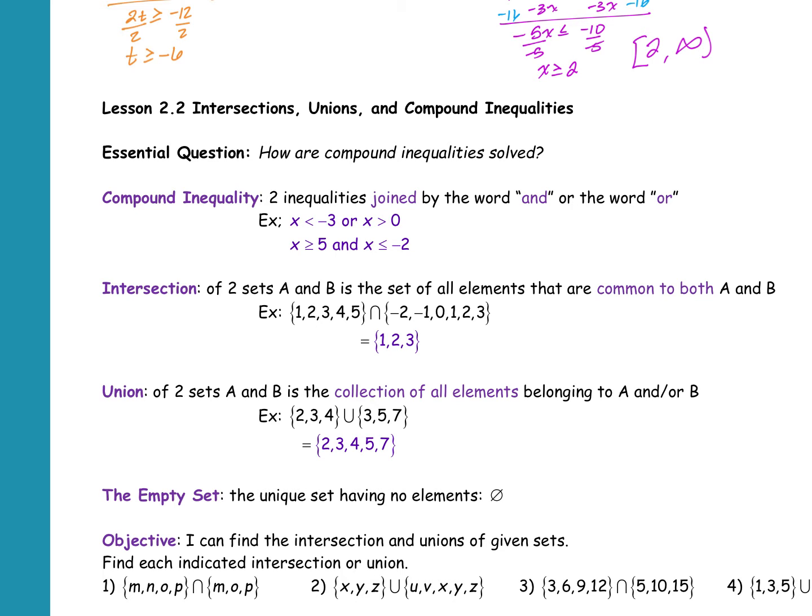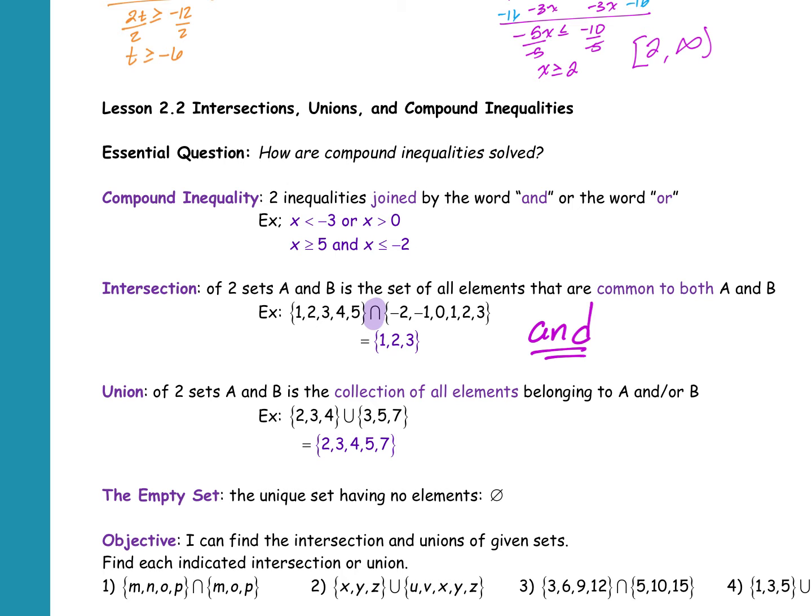And for a compound inequality, an intersection is the answer to an and compound inequality. I do just want to point out the sign for intersection is an upside down U.